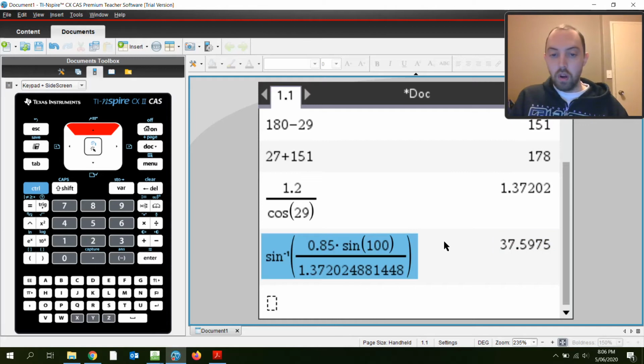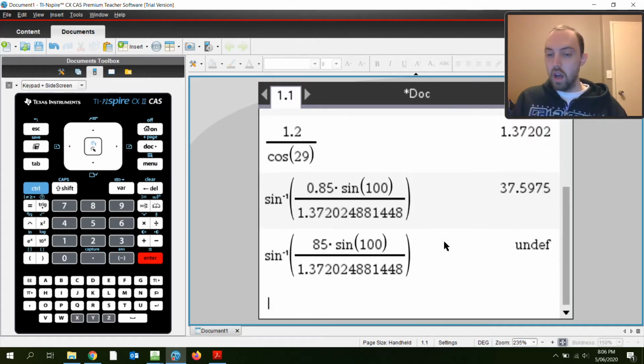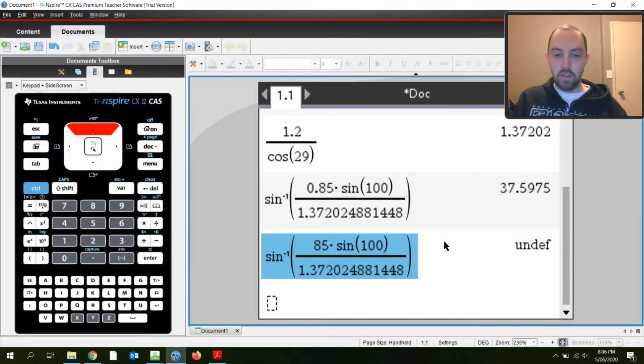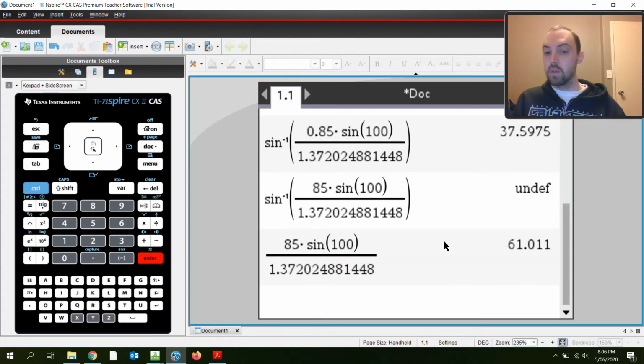Now, what if I hadn't been consistent about the units and that was actually 85 instead of 0.85 centimeters? Undefined error. This is because everything that is inside the bracket here is much greater than 1. And what do we know from our unit circle and sine?